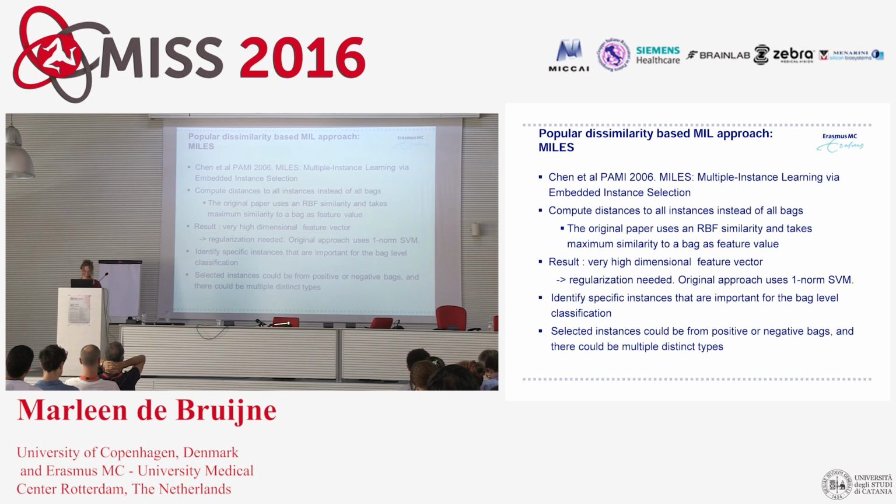How they cope with that in the original paper is to use a one-norm SVM, which then essentially selects a few instances. So you do a sparse classification. You select instances that are important for the bag level classification. So this is a bit similar to the concept-based approach, but it's more general.